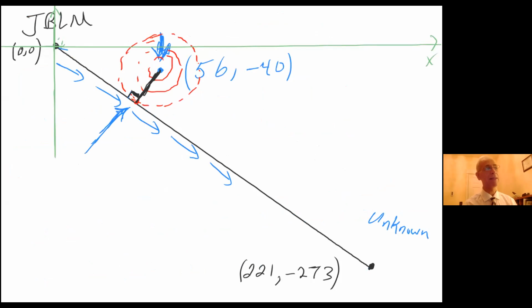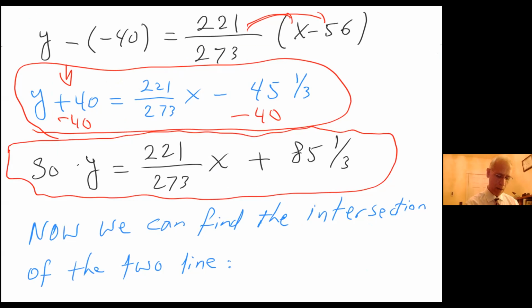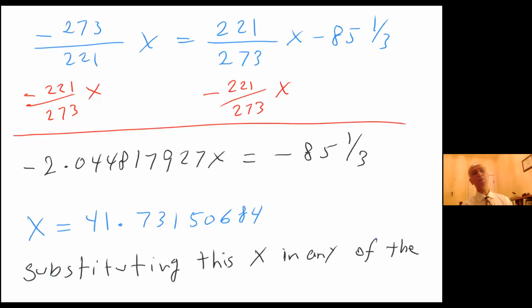Remember that at the point of intersection, both equations have the same value. So I'm going to set them equal to each other, like we did in the past. Setting both equations equal to each other, subtract 221 over 273x from both sides. I used my calculator and this is what I get: negative 2.04 and on, x equals negative 85 and 1/3.